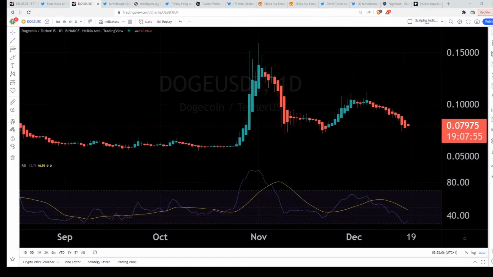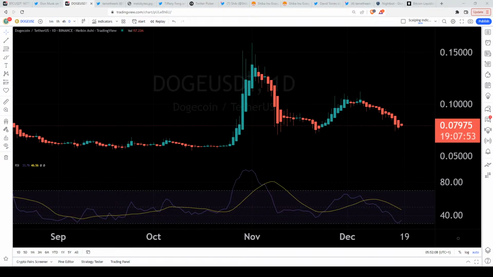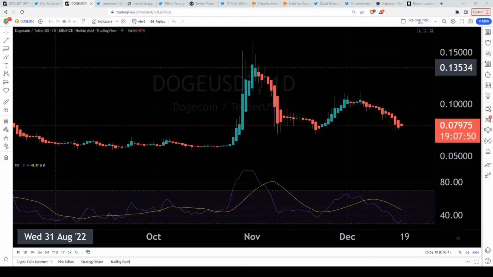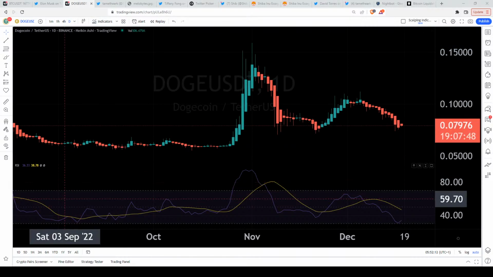All right, so this is my full screen real quick. Nothing else. All right, so we're gonna go to chart. We have RSI. We're gonna go to the settings for RSI over here.